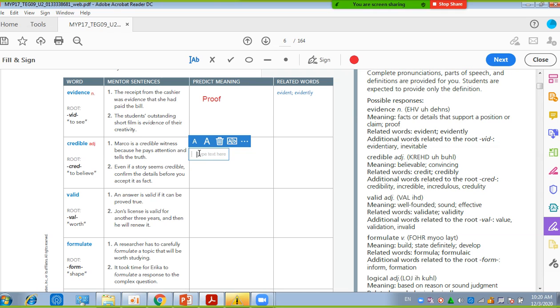Credible means believable, or convincing.